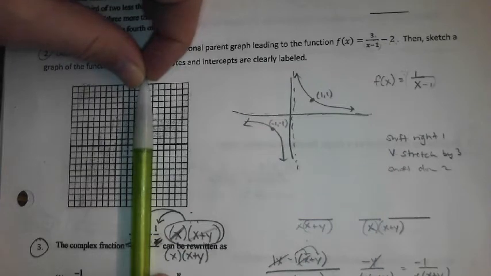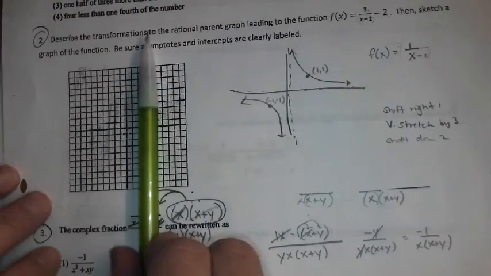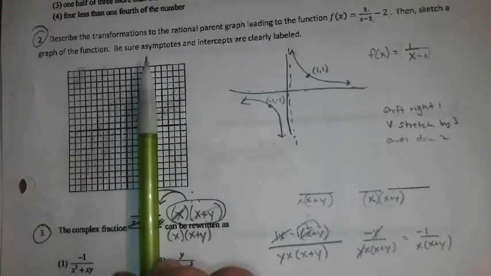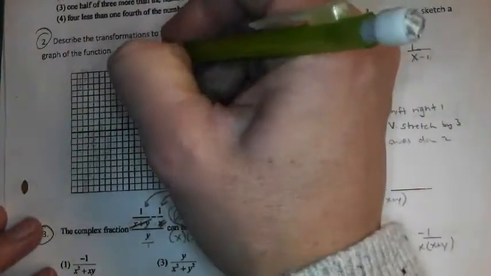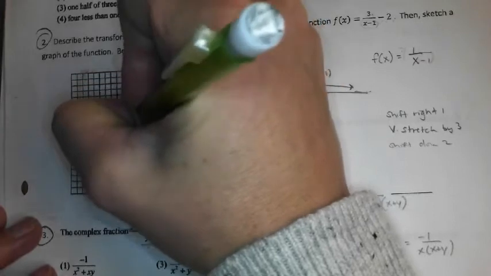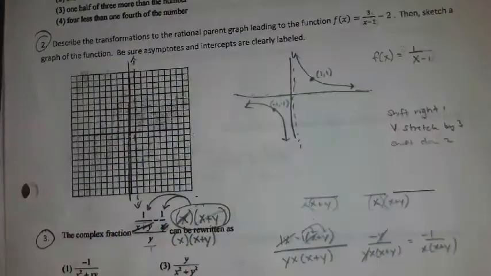Doesn't really change its location. And if I take a vertical line and then shift it down 2, it doesn't really change its location either. So your vertical asymptote, here's my y-axis, just got shifted right 1 unit, essentially. The other 2 transformations didn't really affect it.